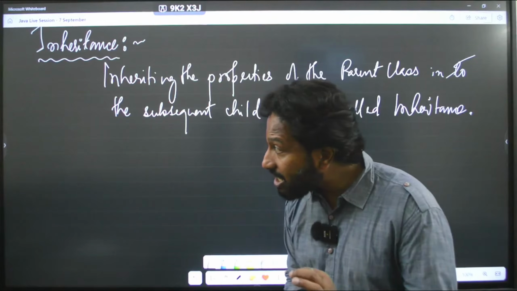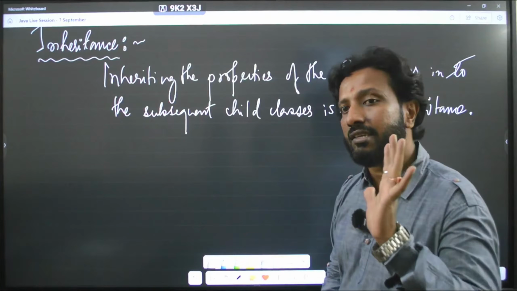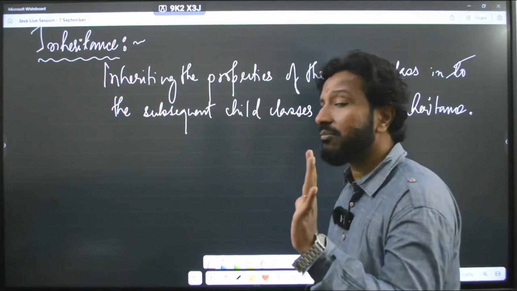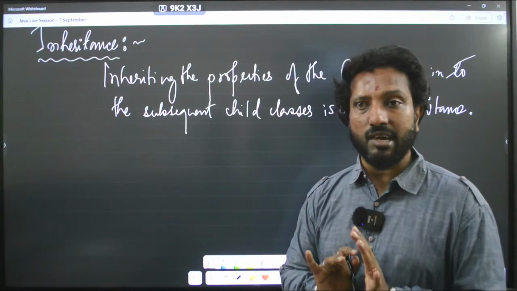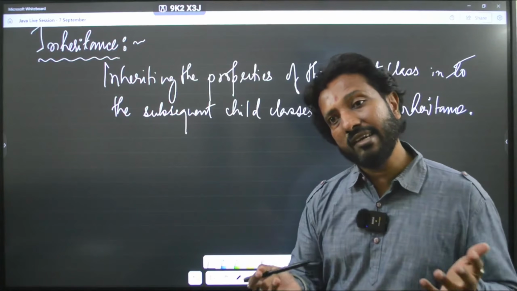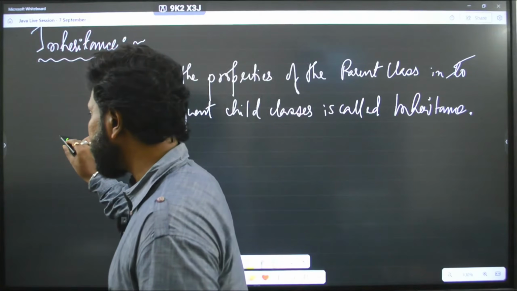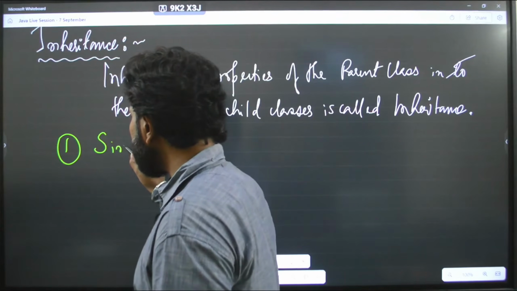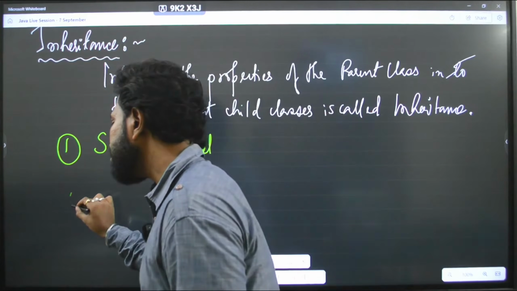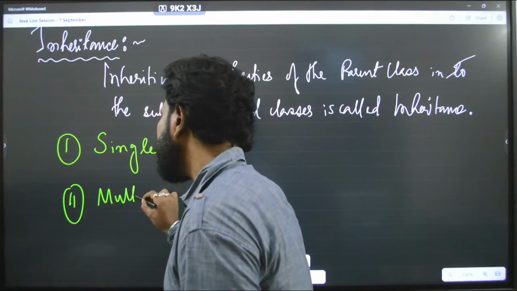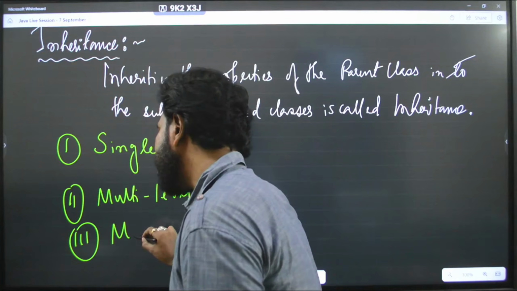And basically in Java we talk about 5 different types of inheritance. There are lots of them, but we talk about 5, which are typically used in all the multinational companies, and we will be using them day in and day out while writing Java code. So, the 5 types. Number 1, single level. Number 2, multi level. Number 3, multiple.